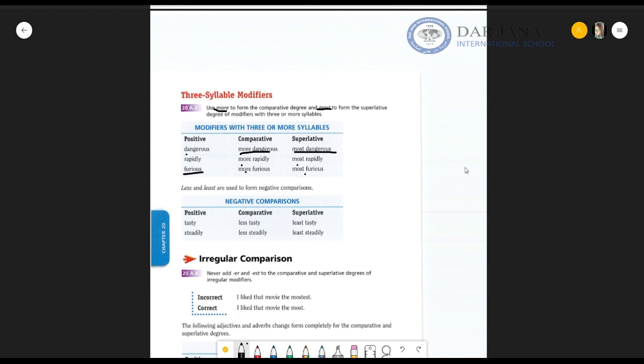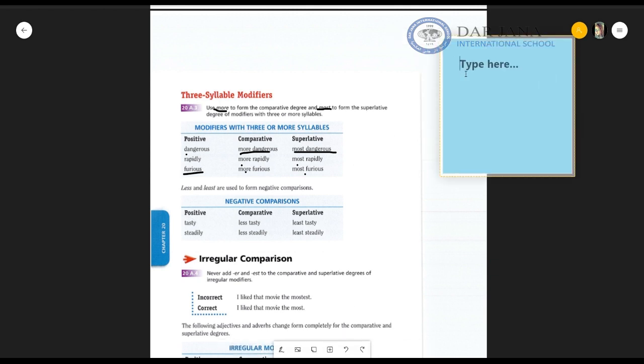So if I want to sum up so far, under regular modifiers, I have the one-syllable, which takes ER or EST.